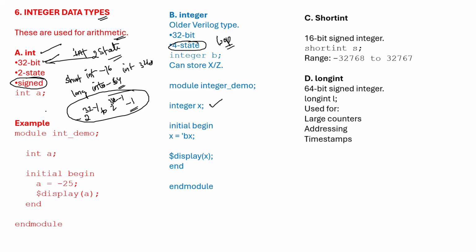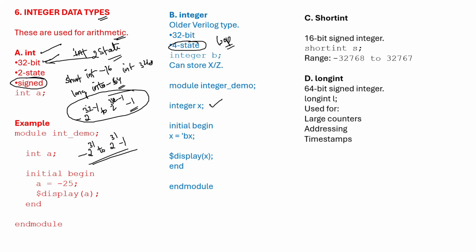That is the formula for signed values: minus 2 power 31 to plus 2 power 31 minus 1. Up to this range of values it will be supported for this int data type.